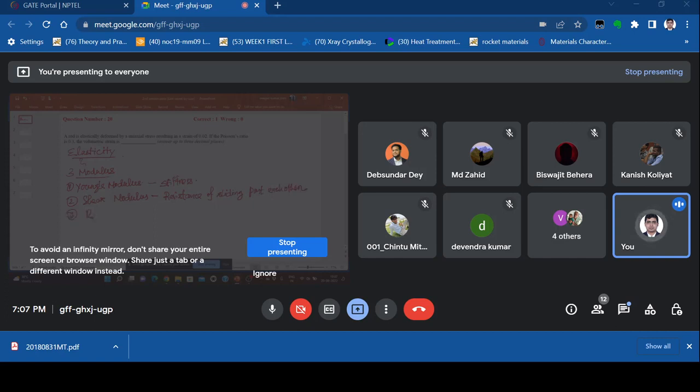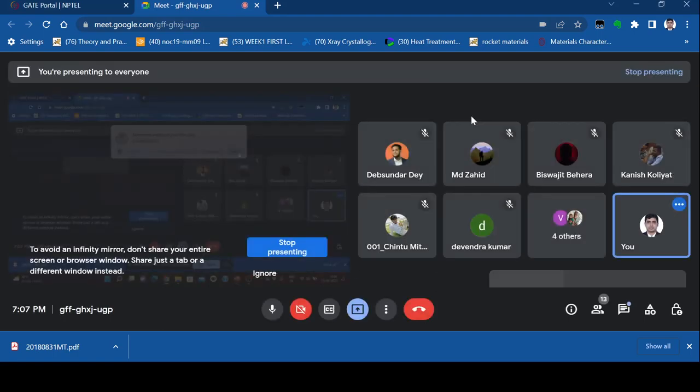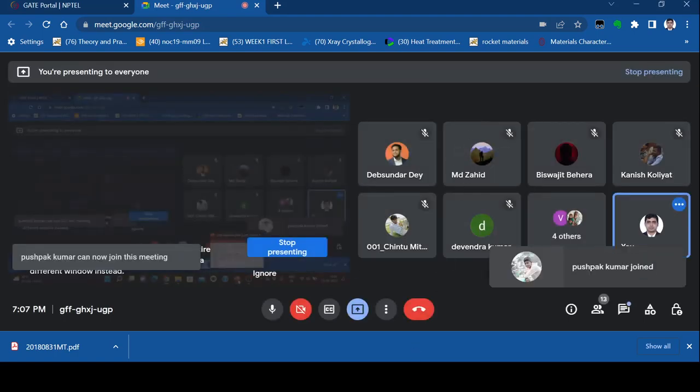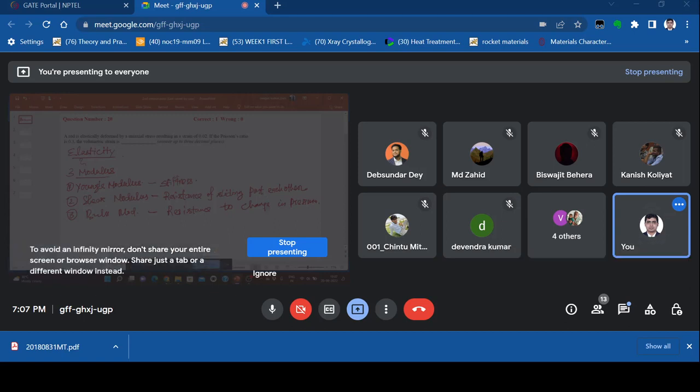And the third is bulk modulus. So this is resistance to change in pressure.